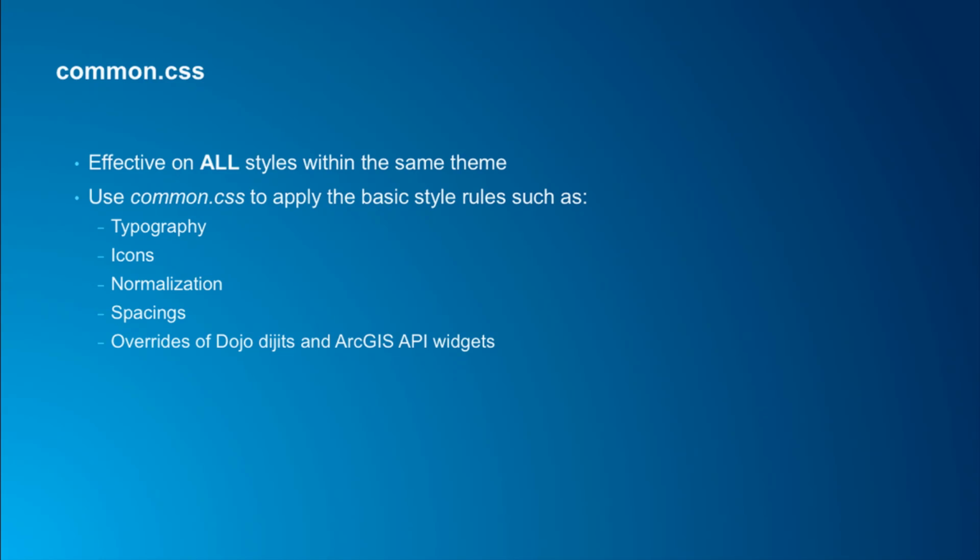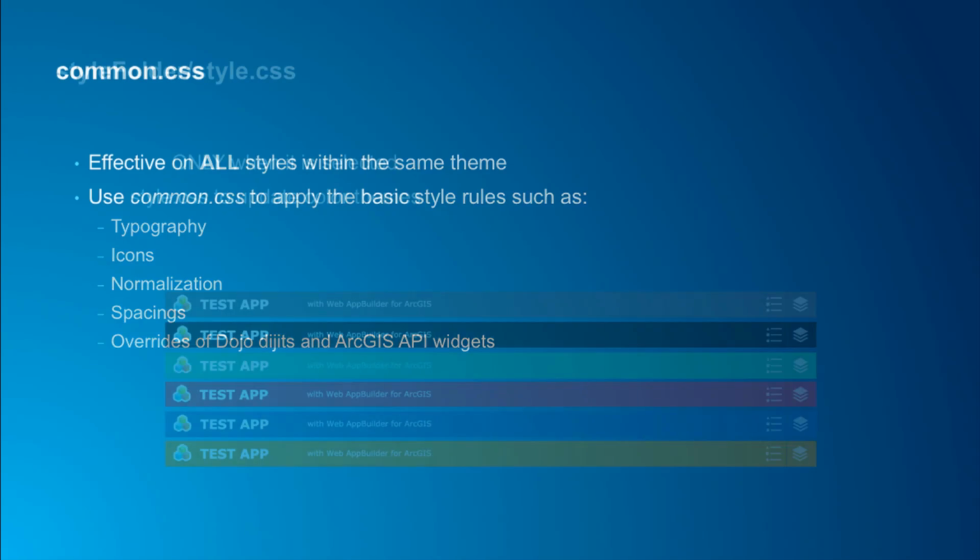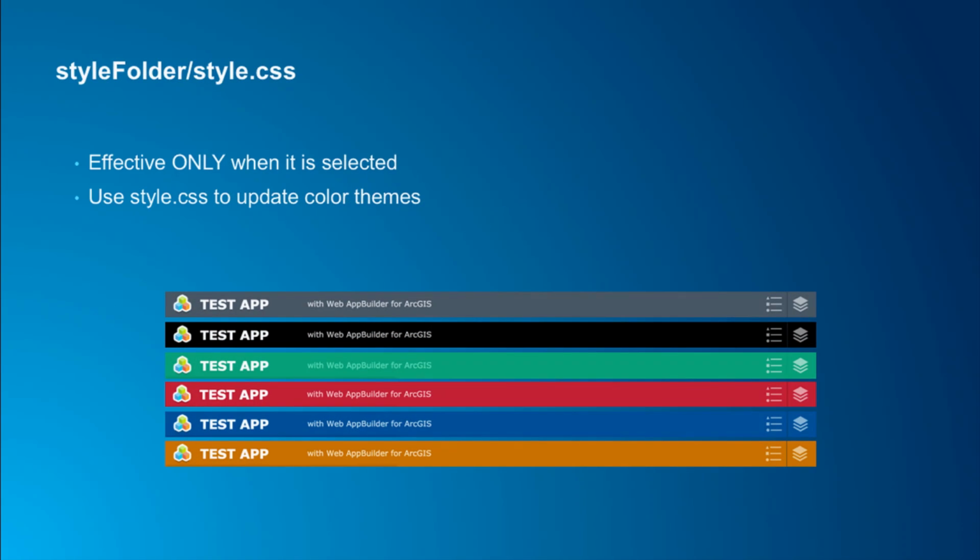So yeah, by the way, it took me a couple months to do that theme. It took a long time. All right, so the common CSS is basically resetting some of the UI elements.